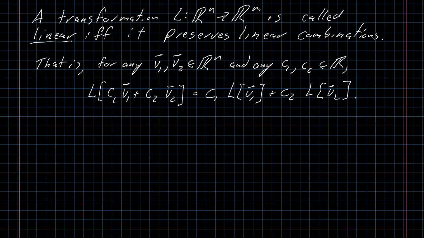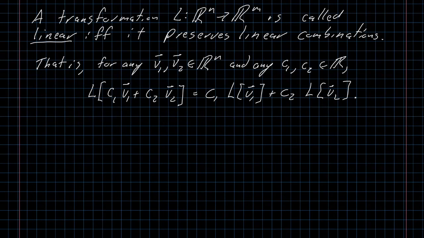We call a transformation linear if and only if it preserves linear combinations, which is a bit of an odd statement, but we've been talking about linear combinations quite a bit in this course, so hopefully it's starting to make sense. A linear combination of two vectors v1 and v2 is some constant c1 times v1 plus some other constant c2 times v2.